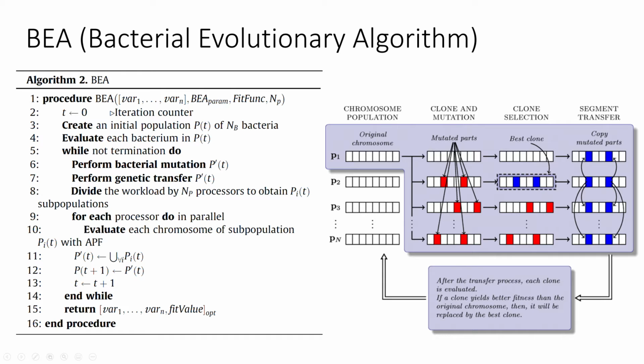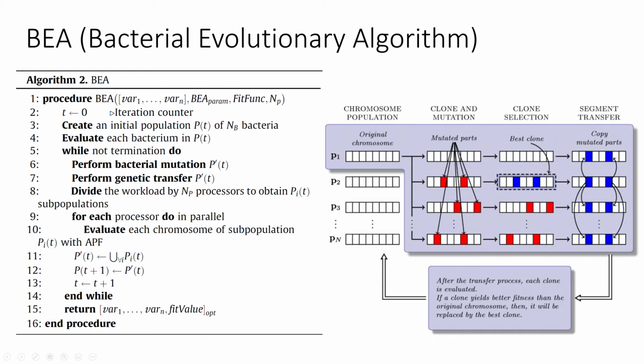After finding it, we can then copy the best one to all of the subpopulations, like copying from this to this to this, until all the subpopulations have been finished. This is the whole process for the mutation part and the genetic transferring part.